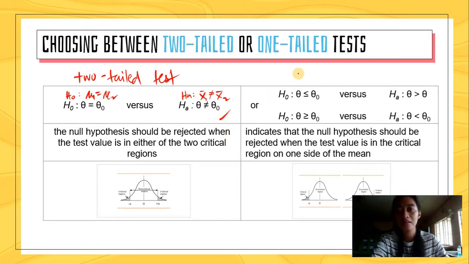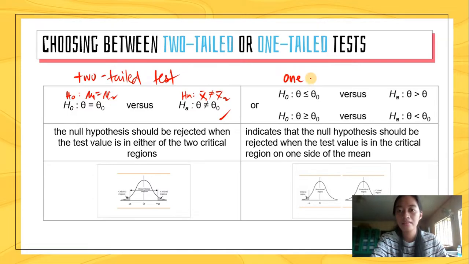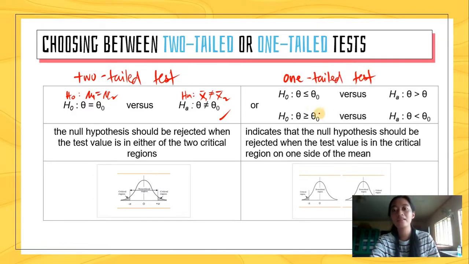Whereas this one is called a one-tailed test. Why? Because there is one side. You can either say the one group is greater than the other, or that it is lesser than the other, for the alternative. This indicates that the null hypothesis should be rejected when the test value is in the critical region on one side of the mean.